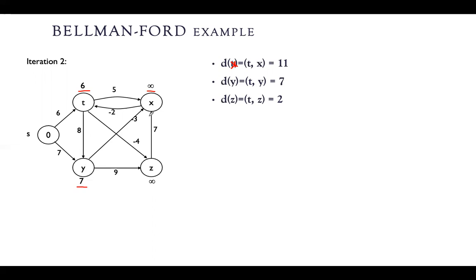Next, y to x: 7 minus 3 is 4, so distance of x is equal to 4.